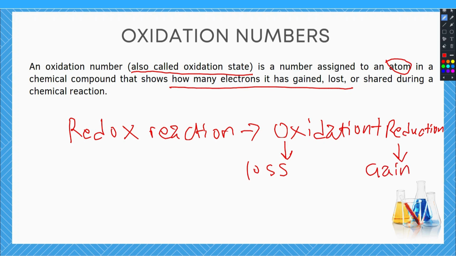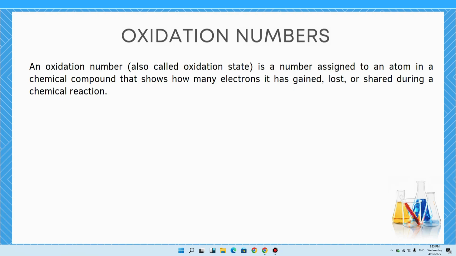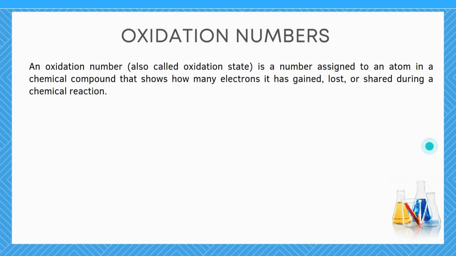So there is a way we can find out whether an atom gained or lost electrons, and that is what an oxidation number is. It is a number assigned to an atom in a chemical compound that shows how many electrons it has gained, lost, or shared during a chemical reaction.